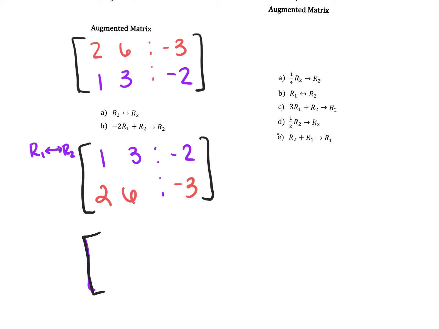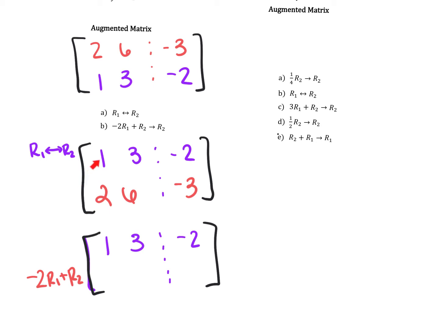So just write that out: 1, 3, -2. But I'm going to multiply R1 by -2 and then add it to row 2. So remember, we're going to do -2 R1 plus R2. That becomes the new R2.